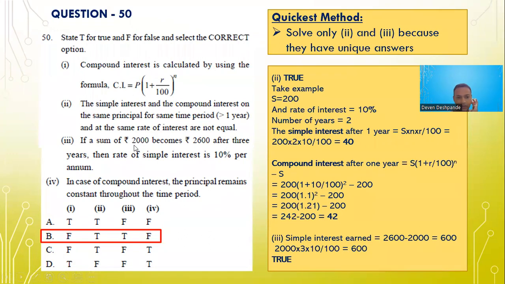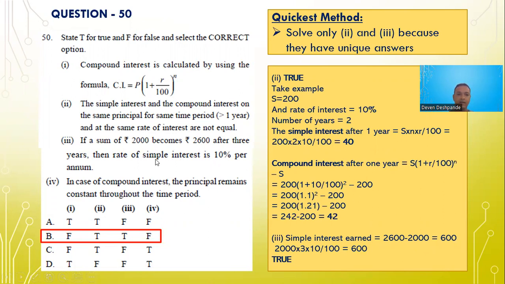If a sum of 2000 becomes 2600 after 3 years, then the rate of simple interest is 10% per annum. The simple interest earned will be 2600 minus 2000, which is 600.